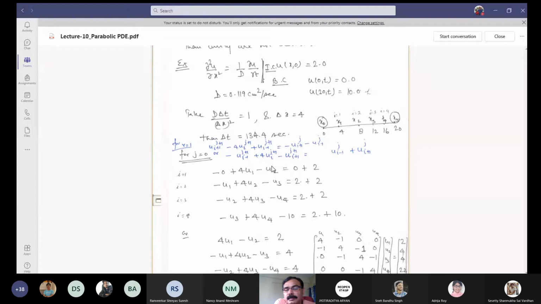Right? There is a reason behind that. At a particular j, j plus 1 is not at all required. Why? If you write the program, once you solve these 4 equations, you will move to the next stage, that is for j equal to 1. And then again for all the 4 equations, j equal to 1 is fixed.